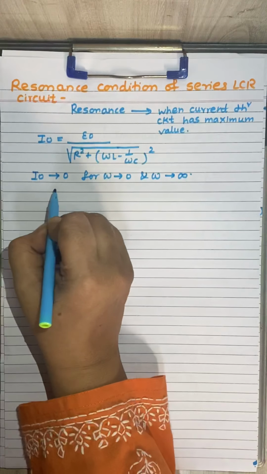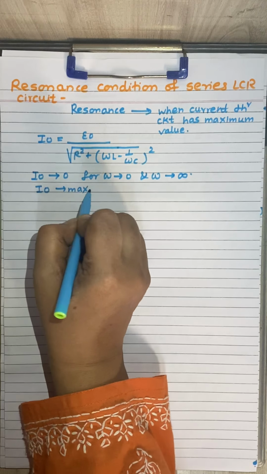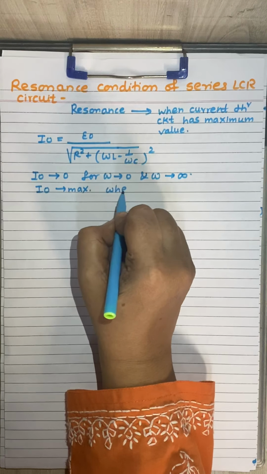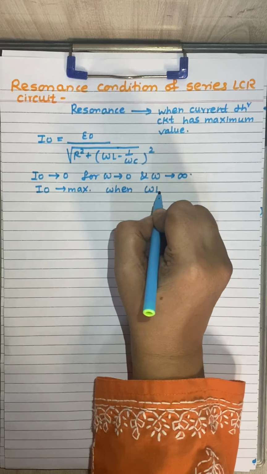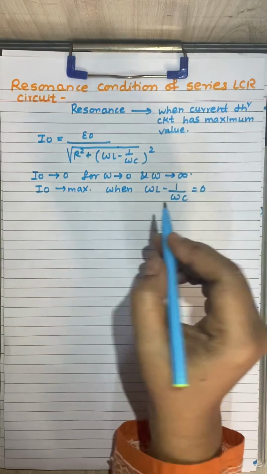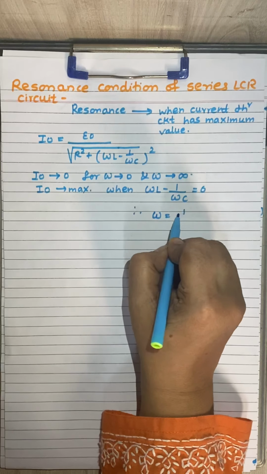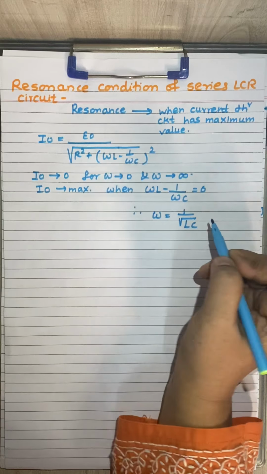And we know that I naught becomes maximum when omega L minus 1 upon omega C is equal to 0, obviously. Therefore we get the equation omega is equal to 1 upon under root LC.